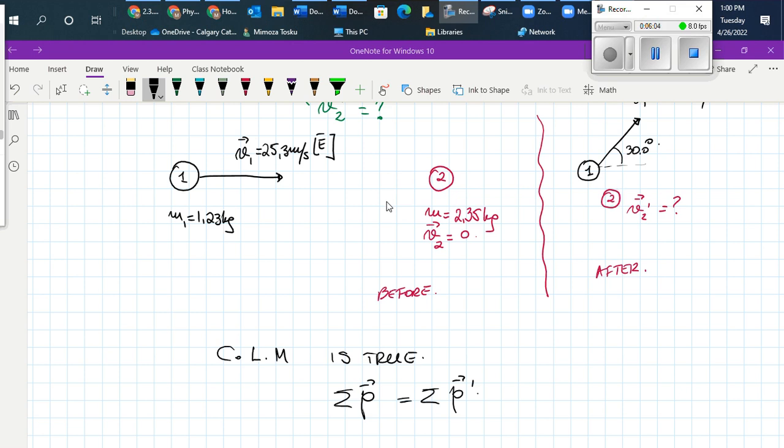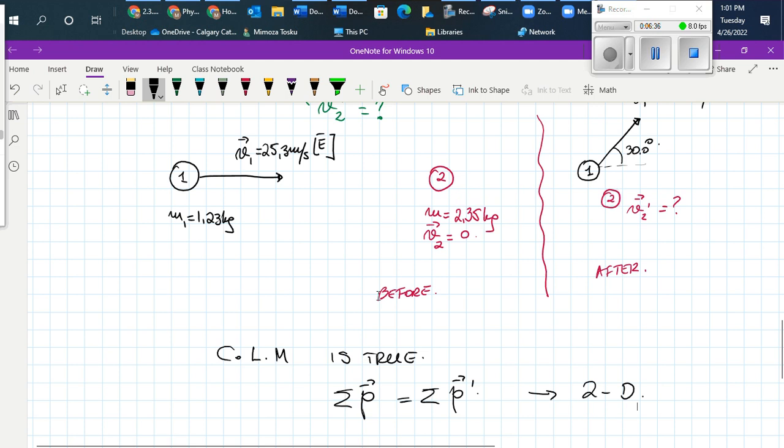Are they forming any angle with the north-east-south-west axes, or are they along one of the axes? This is the question that you will ask yourself. So is this a 1D or 2D situation? It's a 2D situation. And what do we do in a 2D situation? We build the table of components.